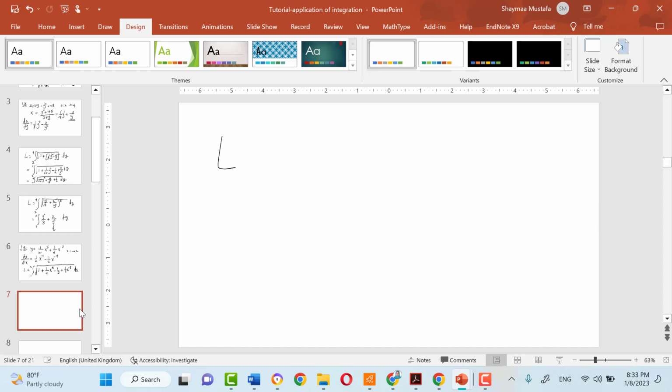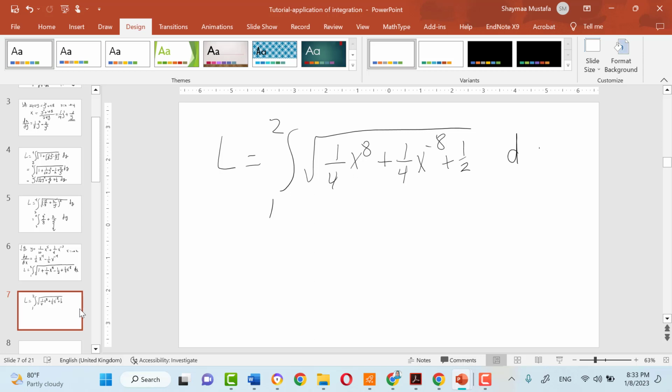So this one will be equal to the integration from 1 until 2, because x is changing from 1 until 2, will equal to 1 over 4 x to the power 8 plus 1 over 4 x to the power minus 8, 1 minus 1 over 2, which is 1 over 2, dx.